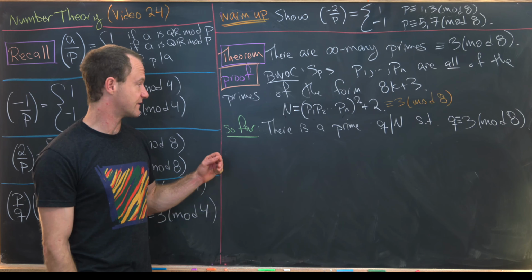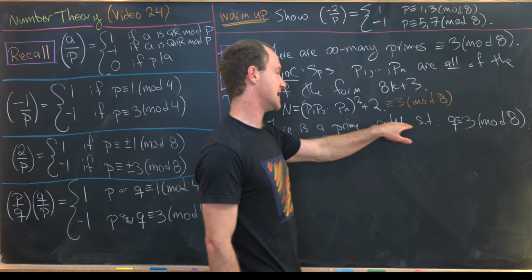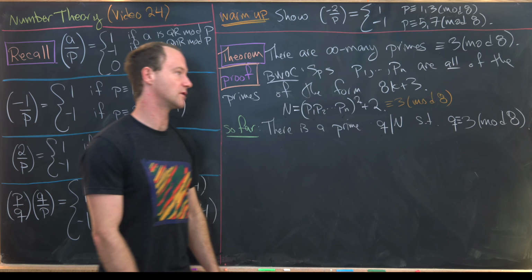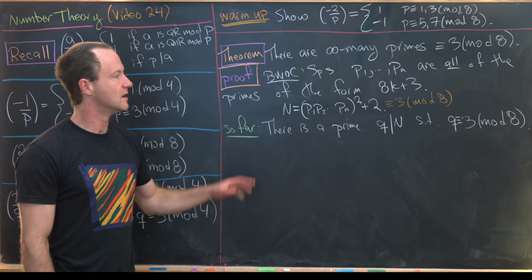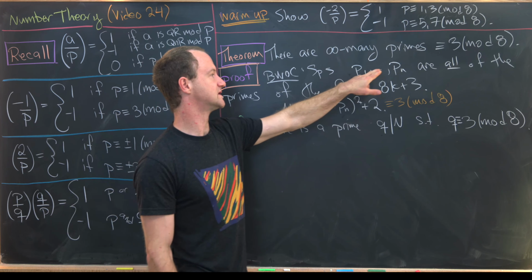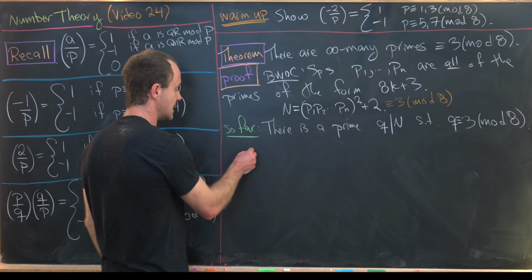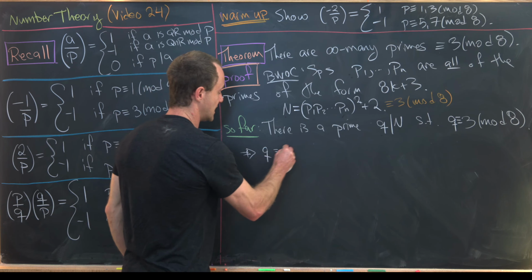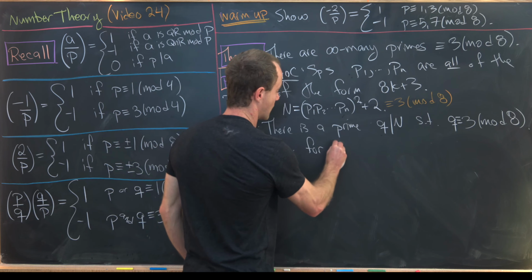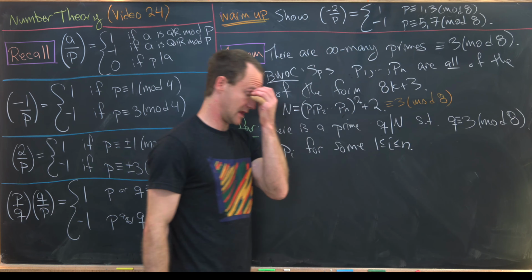And the conclusion of the last board was that there is a prime Q that divides n such that Q is congruent to 3 mod 8. But now, along with our assumption that this list P1 to Pn is all of the primes of the form 8k plus 3, that means that Q equals Pi for some i between 1 and n.